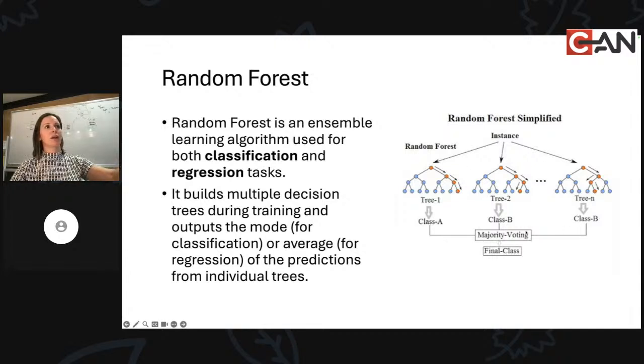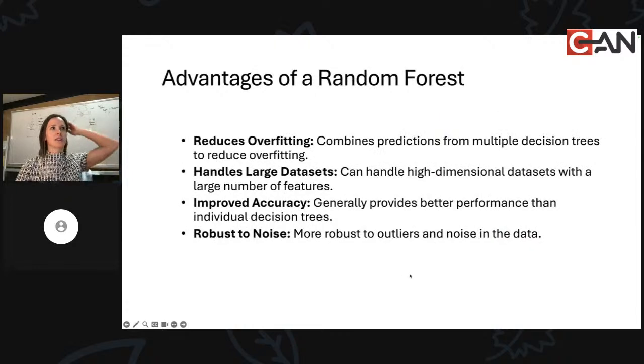If I said that the other way, I apologize. 2 apples, 1 banana. You return it as apple with a probability of 0.66. So that is how your probability is calculated. It's just the number of trees that voted that over how many trees. So fairly straightforward if you understand decision trees, to just extend to many decision trees.